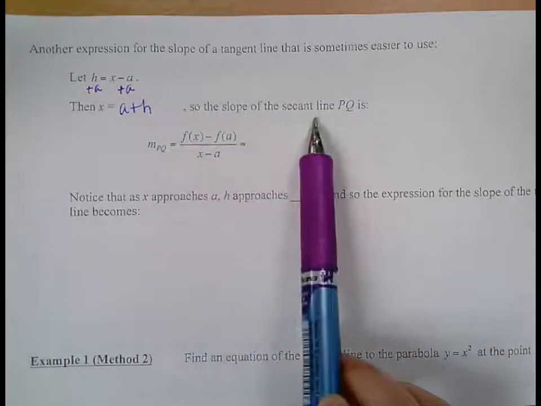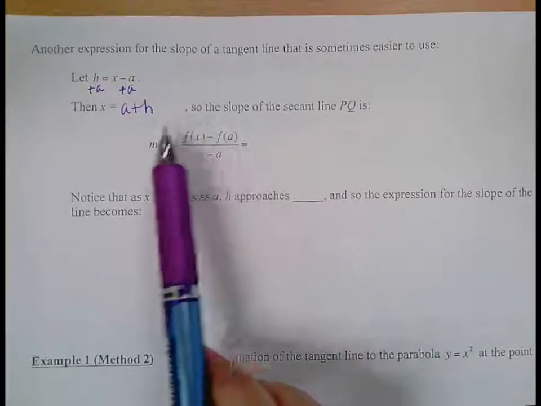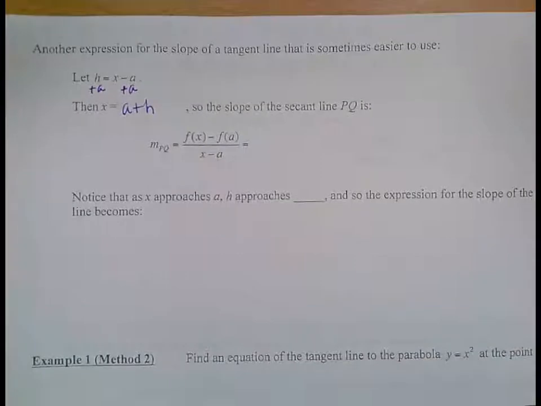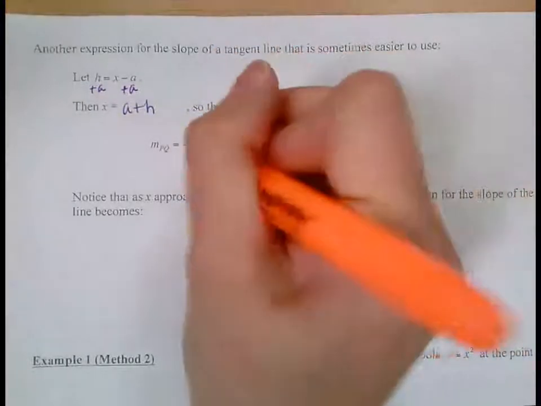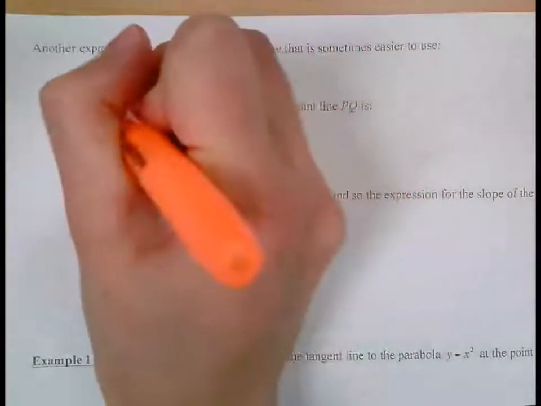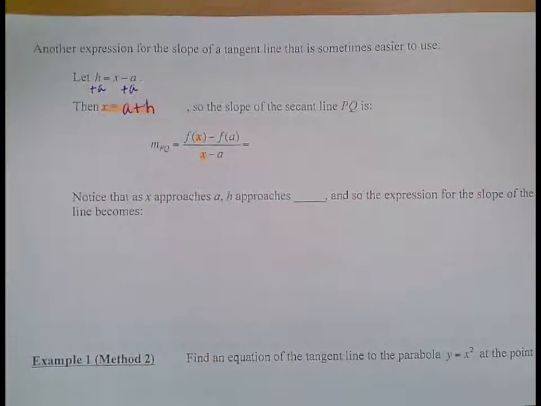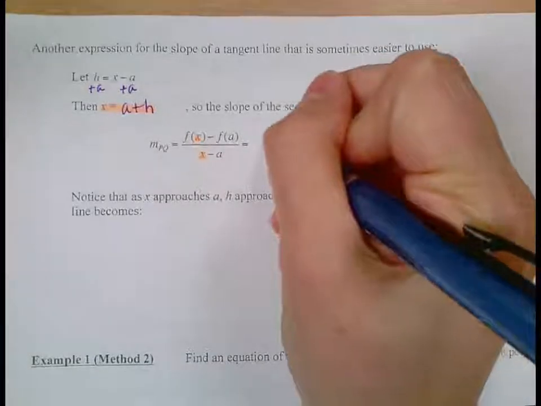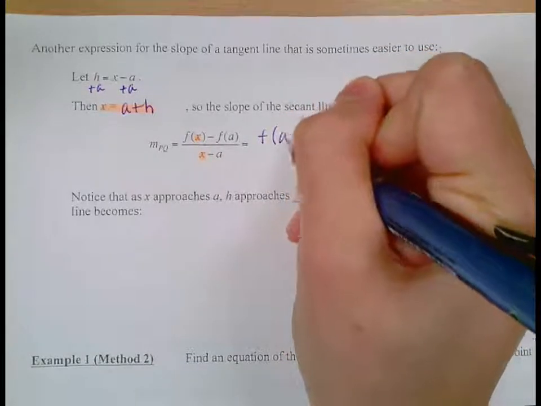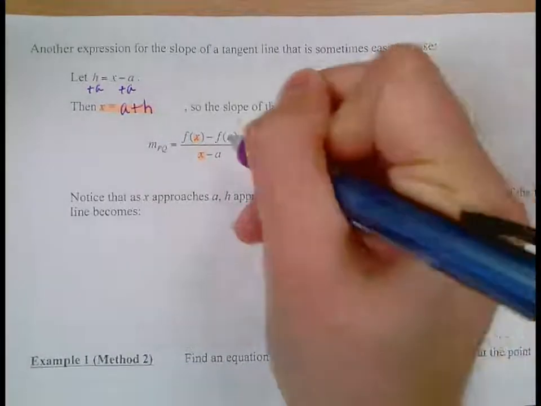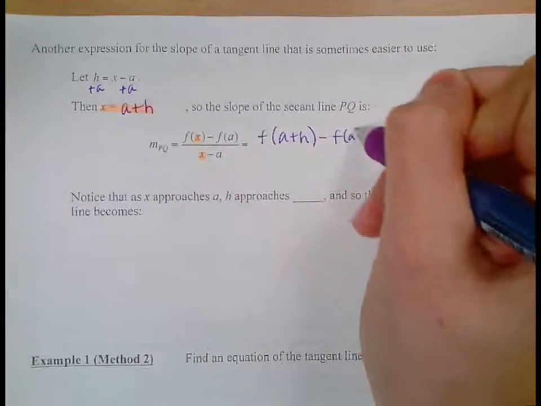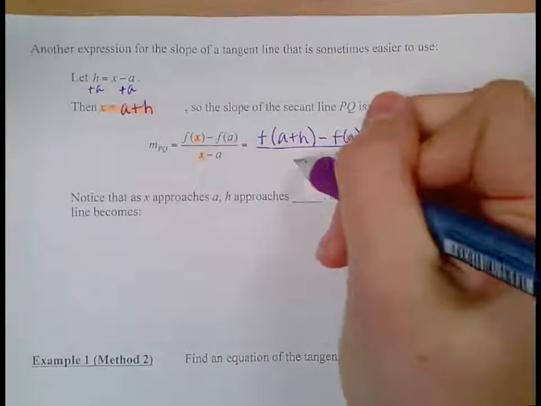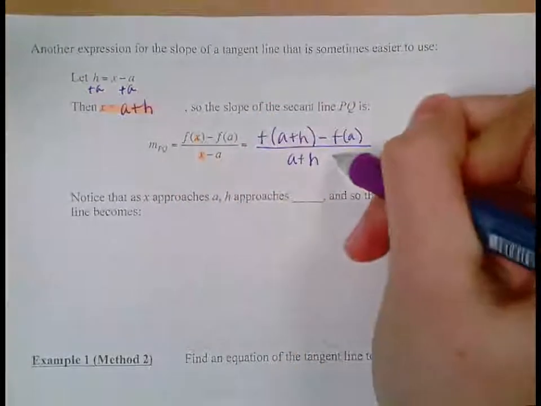So then the slope of a secant line PQ, which we wrote before as f of x minus f of a over x minus a, if I now rewrite the x's with the expression a plus h, I will get the formula f of x is now a plus h minus f of a stays f of a, all over, and then in place of x again I would have a plus h, but then I have minus a.